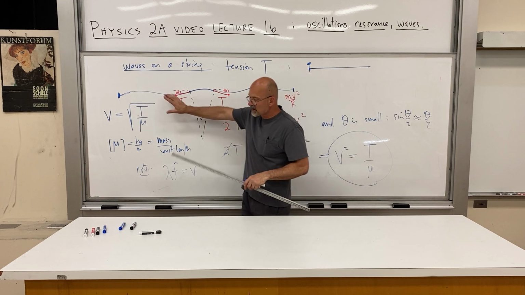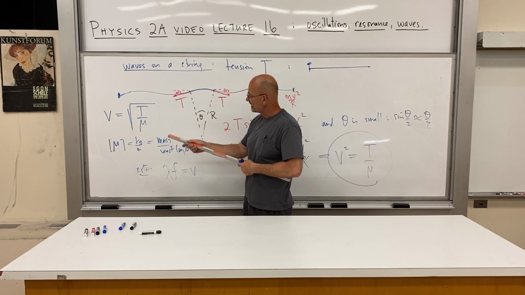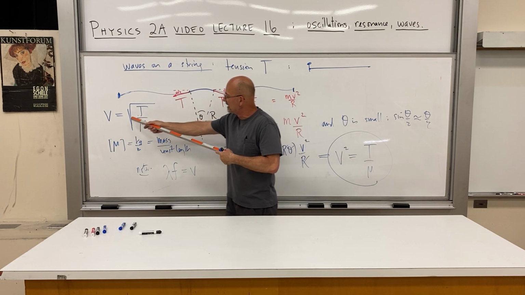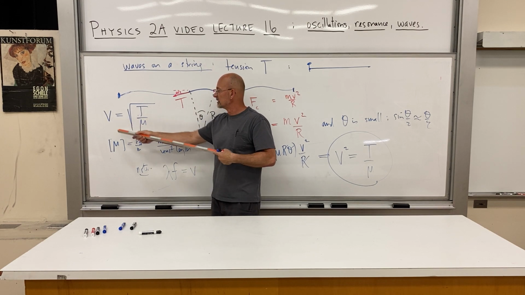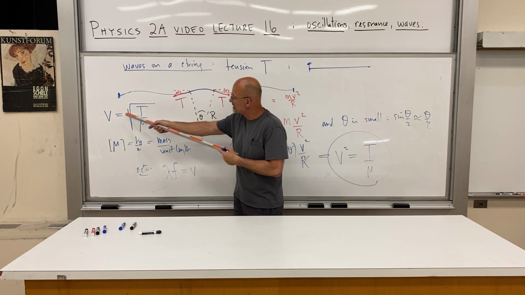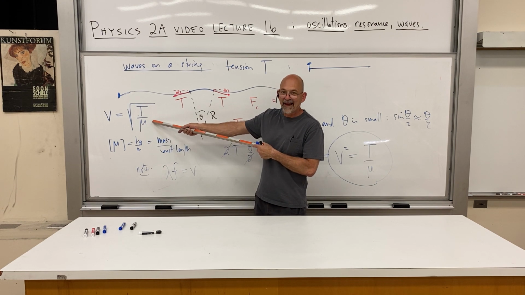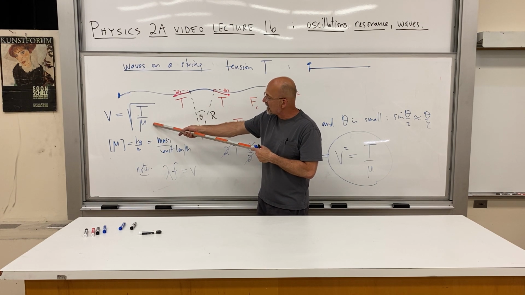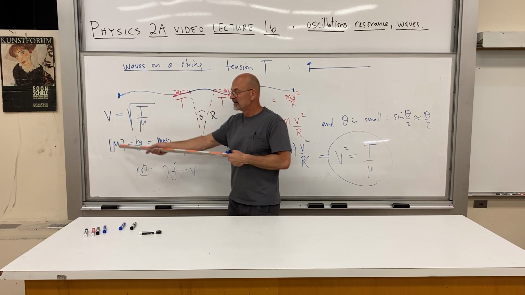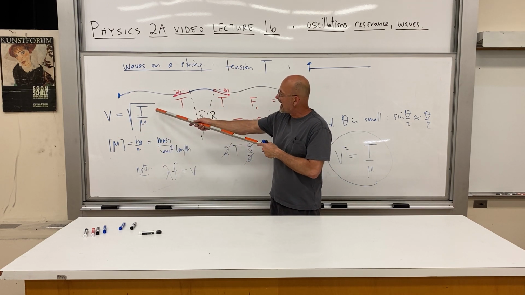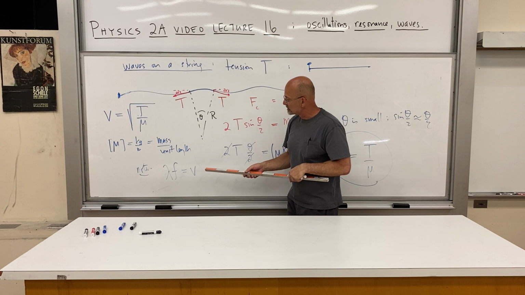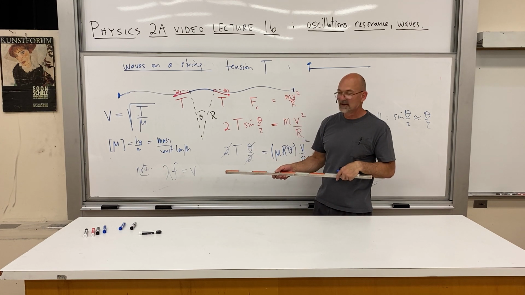Let's first just talk about the v. If we increase the tension, the speed increases. If we increase the weight, or the mass per unit length, then we're in the denominator, so the speed decreases. This is why a higher tension corresponds to a higher pitch.